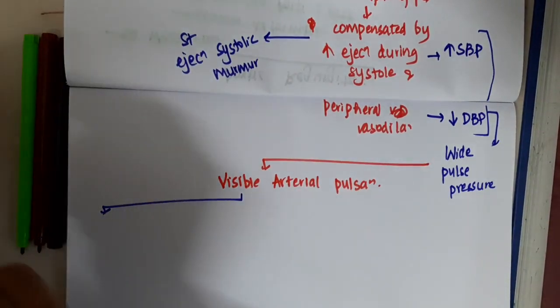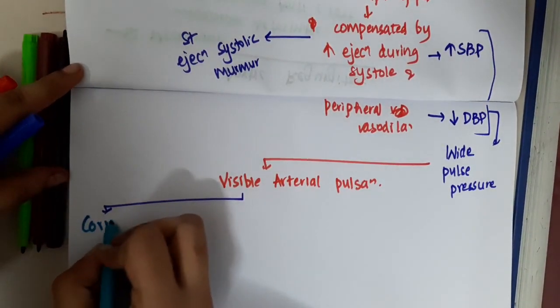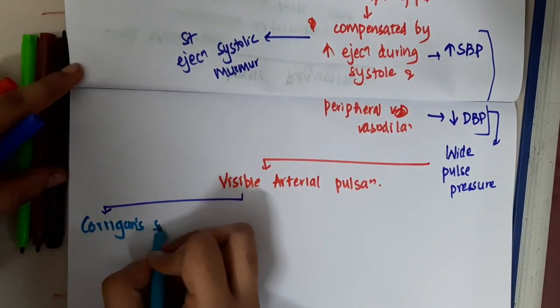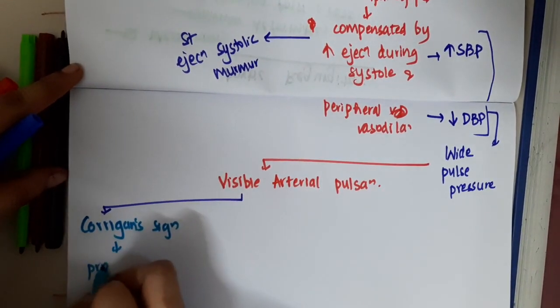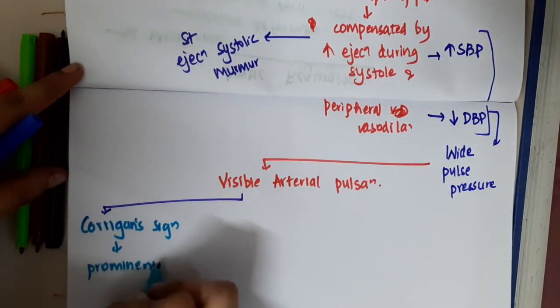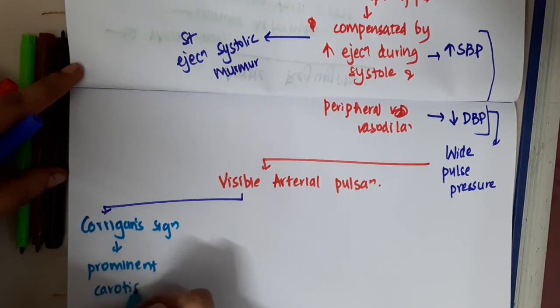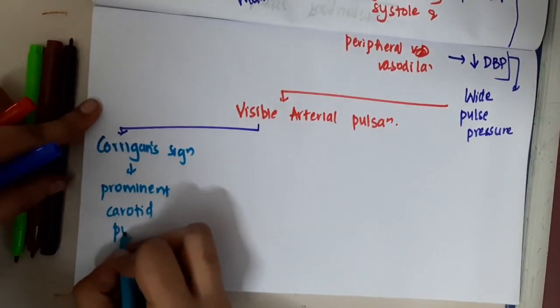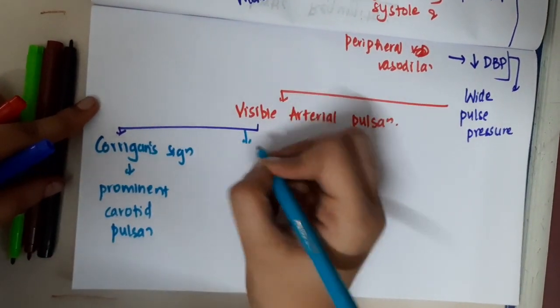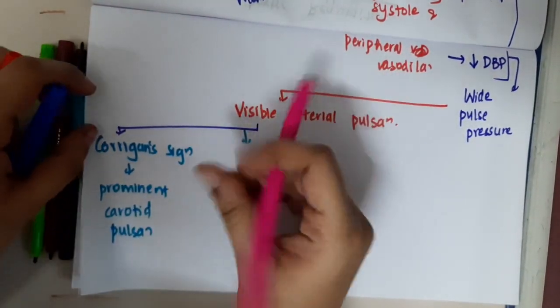One, we have Corrigan's sign. In Corrigan's sign, you will see prominent carotid pulsations, the dancing carotids.